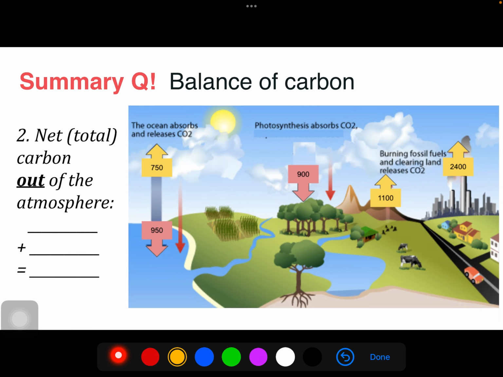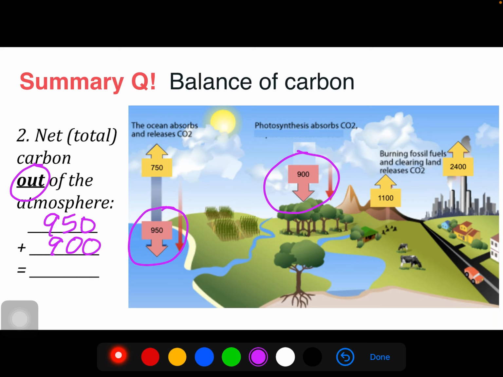Now we're thinking about the total amount of carbon coming out of the atmosphere. So that's our other two arrows in the diagram where we're seeing carbon come down from the atmosphere to another location. Here we have our diffusion as 950 coming out of the atmosphere into the ocean, and we're seeing photosynthesis take out 900 of carbon from the atmosphere.